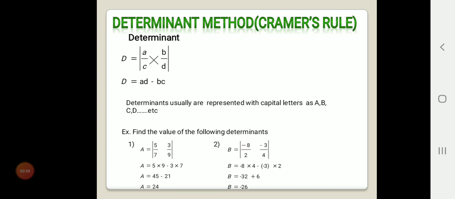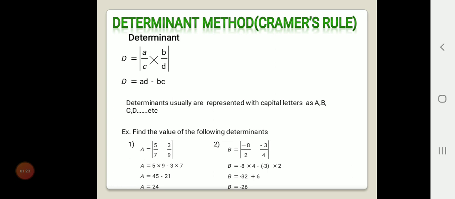The degree of this determinant is 2 because there are 2 elements in each column and each row. A determinant represents a number, which is AD minus BC. AD minus BC is the value of the given determinant.